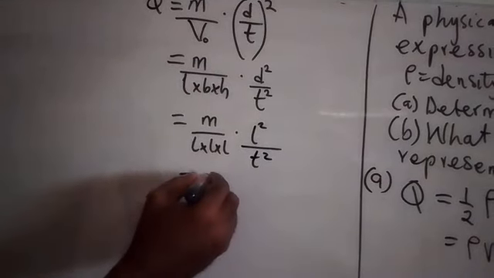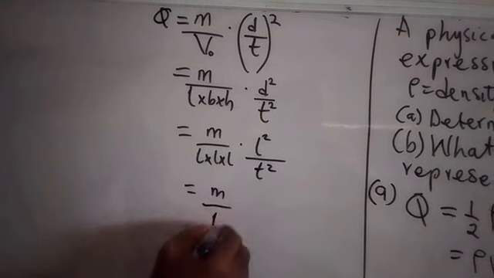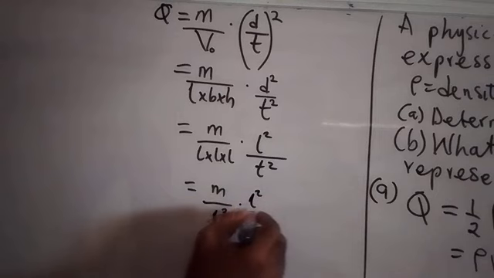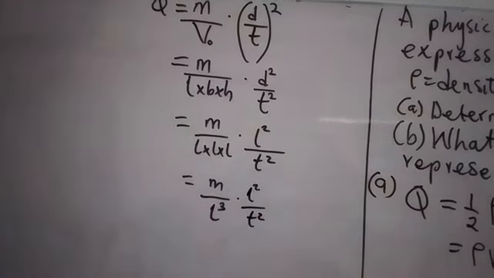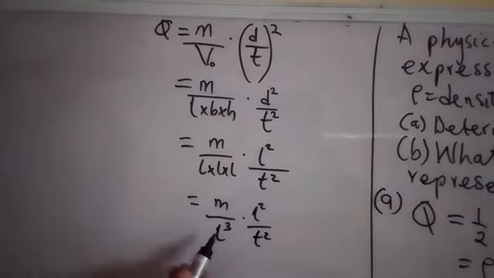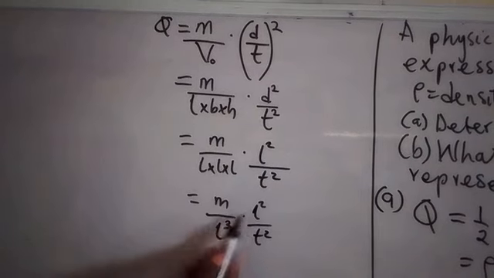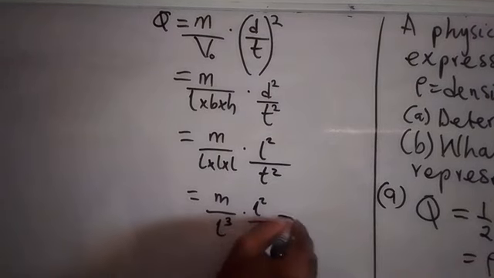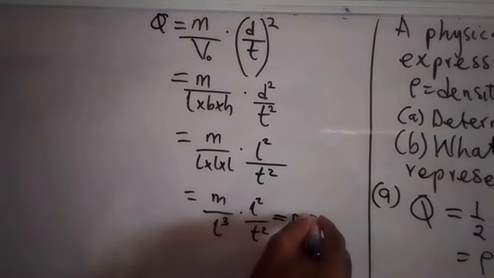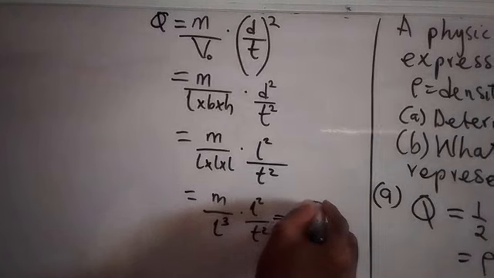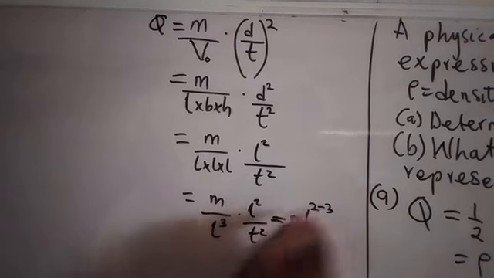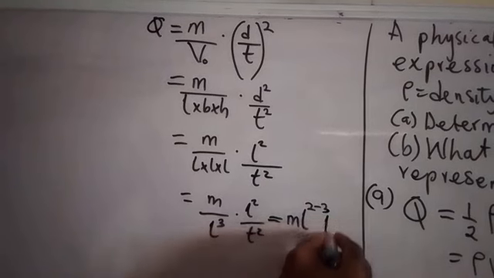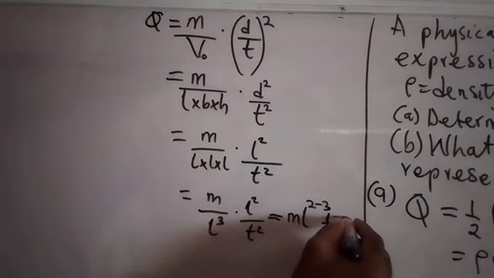We are going to have M over L cubed times L squared over T squared. What do you notice? The same base, L, but the power of the numerator is 2, the power of the denominator is 3. So we have M, L by indices, this is 2 minus 3, the base of this one. Then we have T raised to power minus 2.